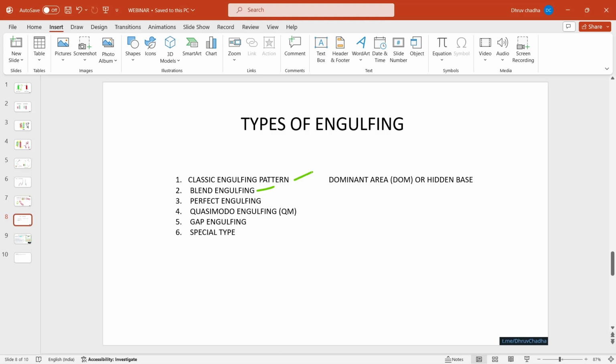And now let's go into the third type, which is the perfect engulfing candle.